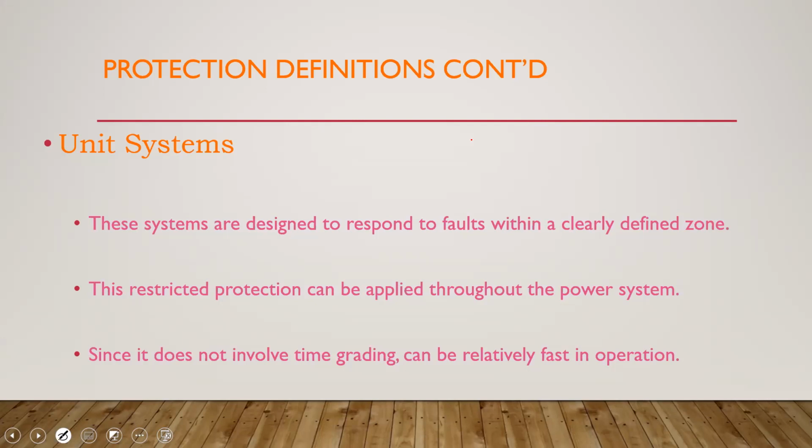Which means that if you have a differential system on a transformer and there's a fault on the transformer, the differential system will not be considering whatever else is happening on the network. It will simply remove the transformer from operating. No questions asked. Transformer, shut down. That's it. We apply it to generators.